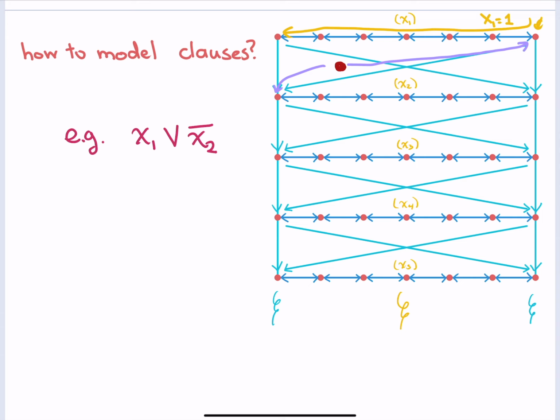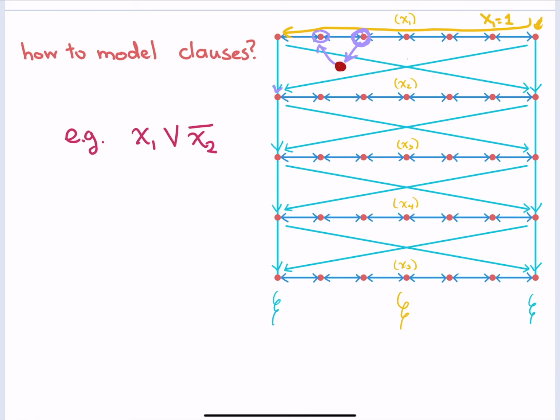Okay, so I'll take these two consecutive ones. The one on the right, which I'm circling, edge to red, edge back out.